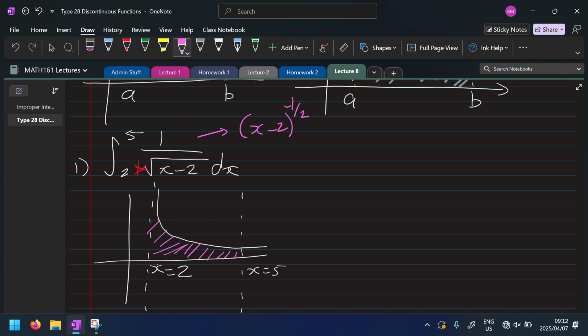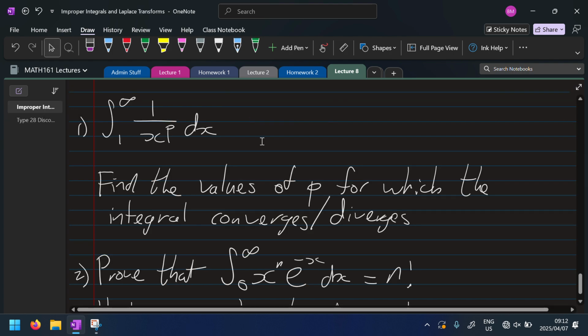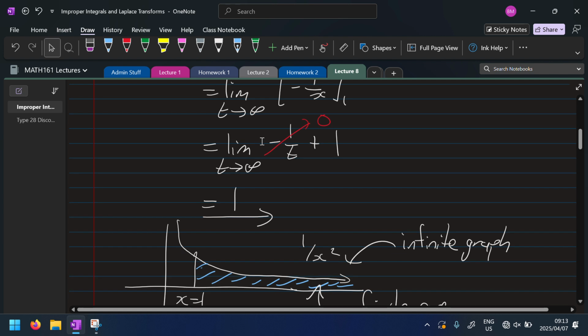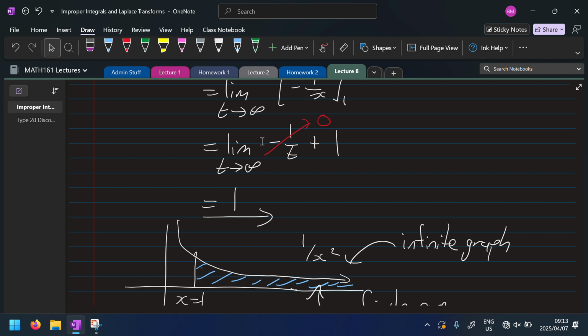Since the function goes to infinity, this area could also go to infinity. That's one case. Or this might be finite, like we had in this example here. In this case, the x part goes to infinity. It's an infinite graph, but the area is still finite. So that might be a possibility.